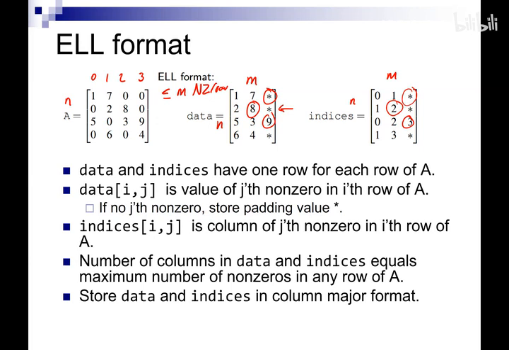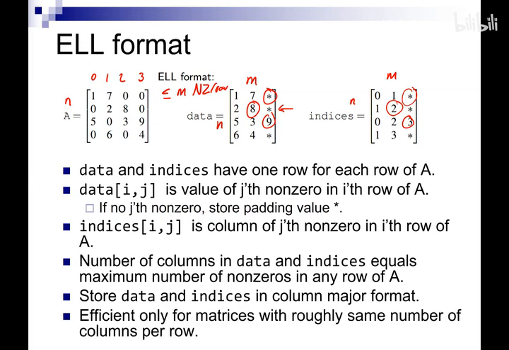So this is effective for matrices where you have more or less the same number of non-zeros per row, and if that's the case, then you're not going to have too many of these stars. The stars are like wasted space, right? If you only have one row which has a huge number of non-zeros, but all the other rows have, let's say, 1 non-zero, and let's say one row has 1,000 non-zeros, then you're going to have to make 1,000 columns.